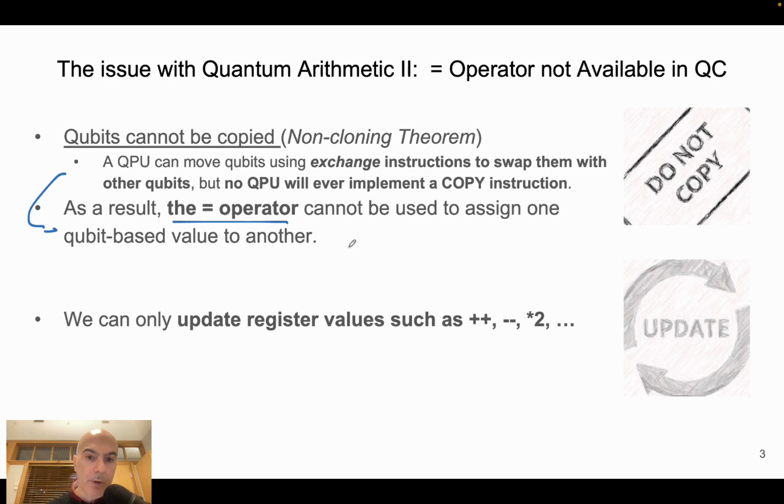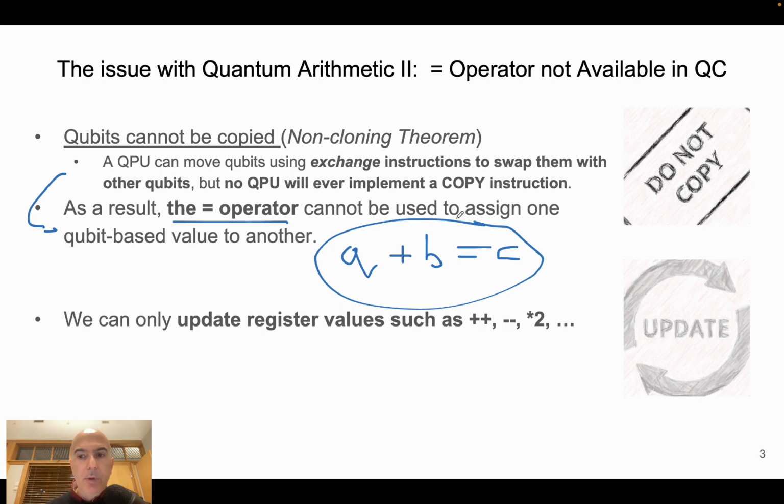So what we saw before, A plus B is equal to C, cannot actually be implemented in quantum computing. The only things that we can actually do are arithmetics that consist of just updating.